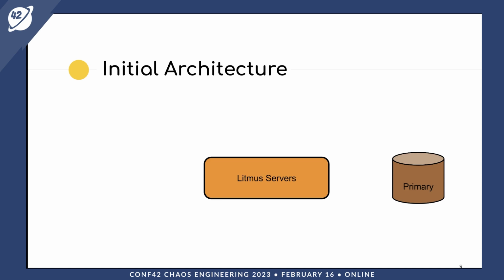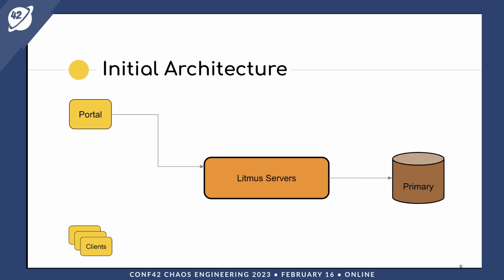So how was the initial flow? We had a portal actually. So the experimenters can come to the portal, can create experiments, update their created experiments. Basically, can do any kind of CRUD on their experiments. Whenever they make any changes on the portal, it will talk to the Litmus server, and Litmus server will reflect those changes to the DB.